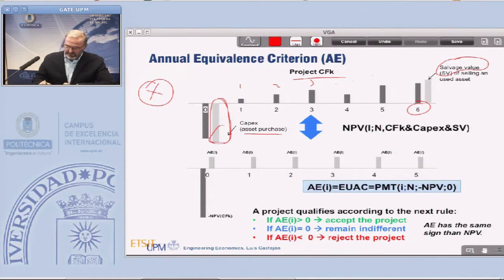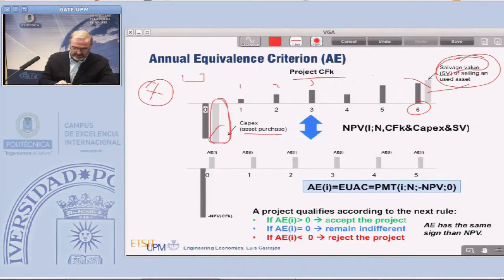What is the salvage value? For any asset we buy, at the end of a certain time in the future, it has a market value for selling this asset. Let's see a quite domestic case. We buy a new car today. We pay 18,000 euros for that car.